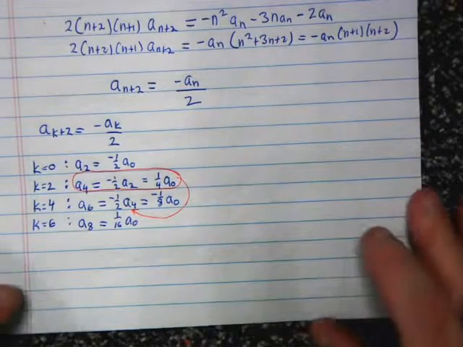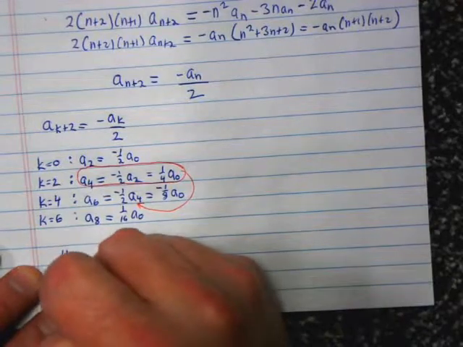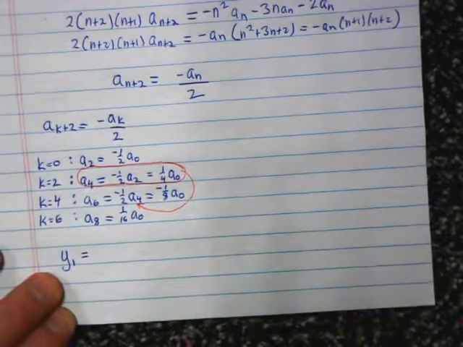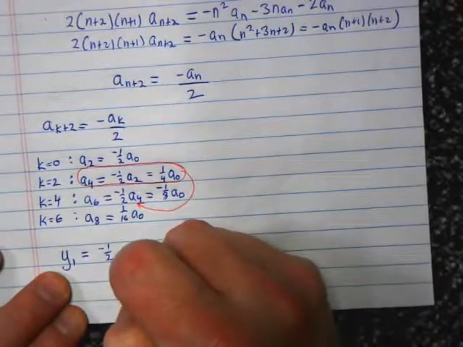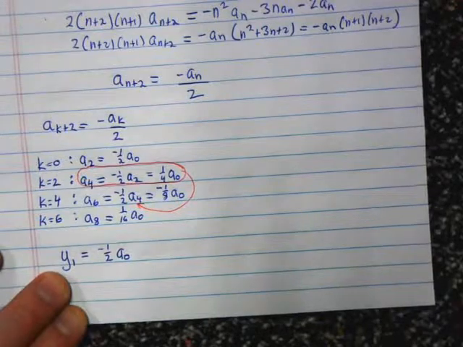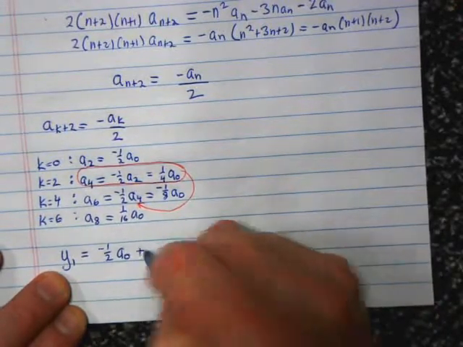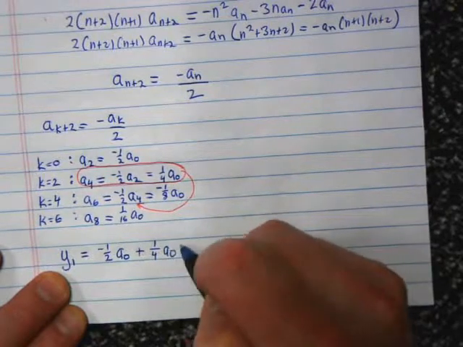All right, so this gives me one answer. So one answer is y sub 1 is negative 1/2 a sub 0 plus 1/4 a sub 0.